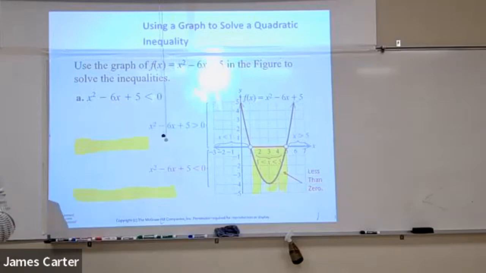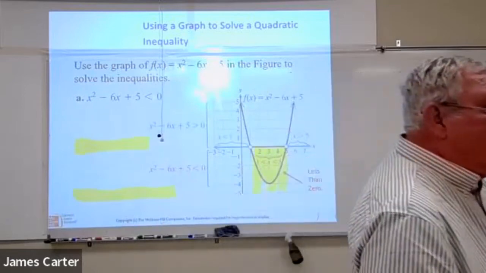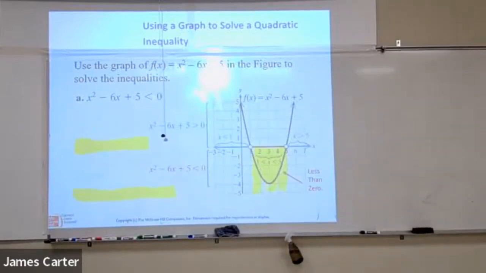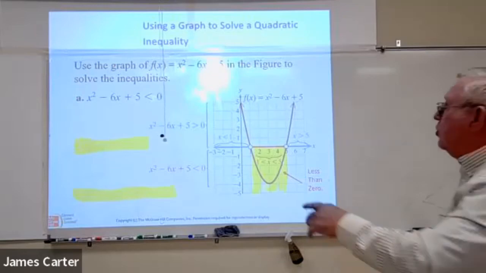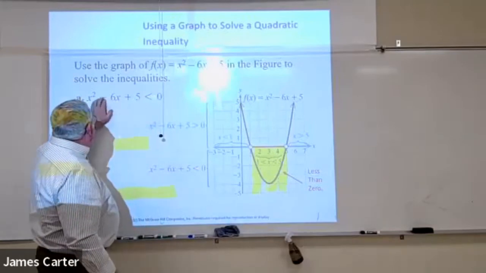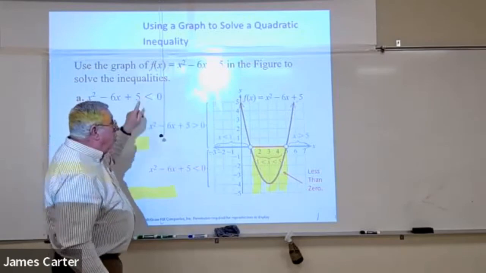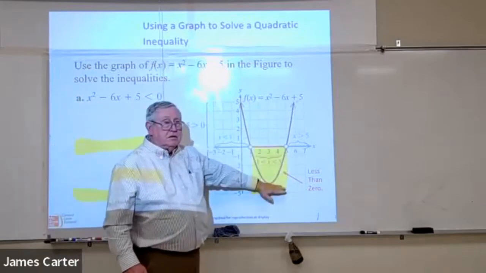Now, in Alex, they might try to teach you a thing about using test points. Plot the x-intercepts, the roots, the zeros, and then try points on each side of them to see whether they come out positive or negative. Because what this symbol is really telling you is they want to know what part of this shape is, in this case, below the x-axis.